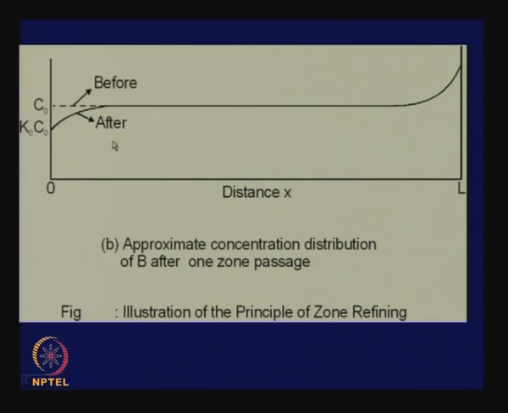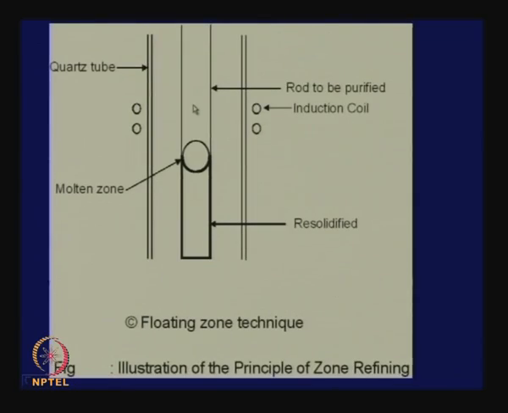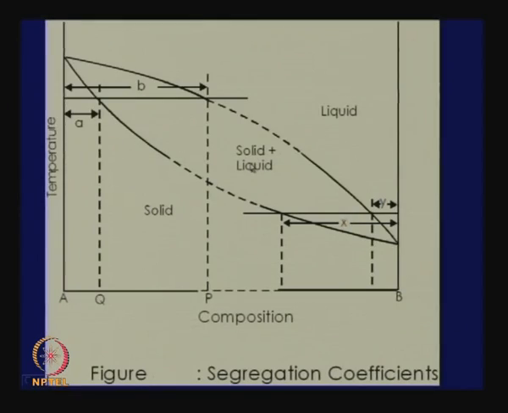If you keep on doing that, eventually this layer will increase. So, slowly we will get one kind of composition on this side, and all the impurities will go to the other side. There are also principles of zone refining done in a vertical manner. The principle is basically the same.